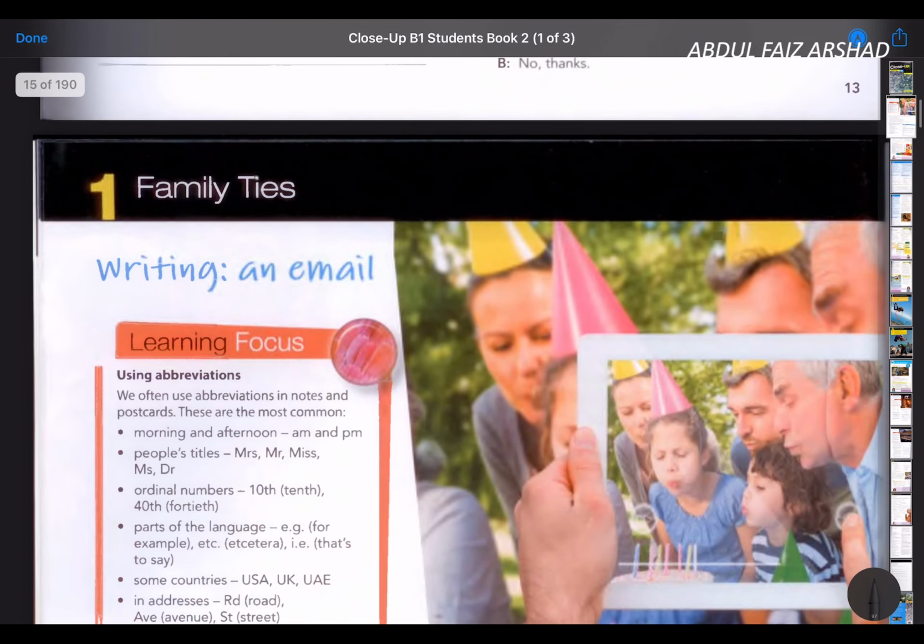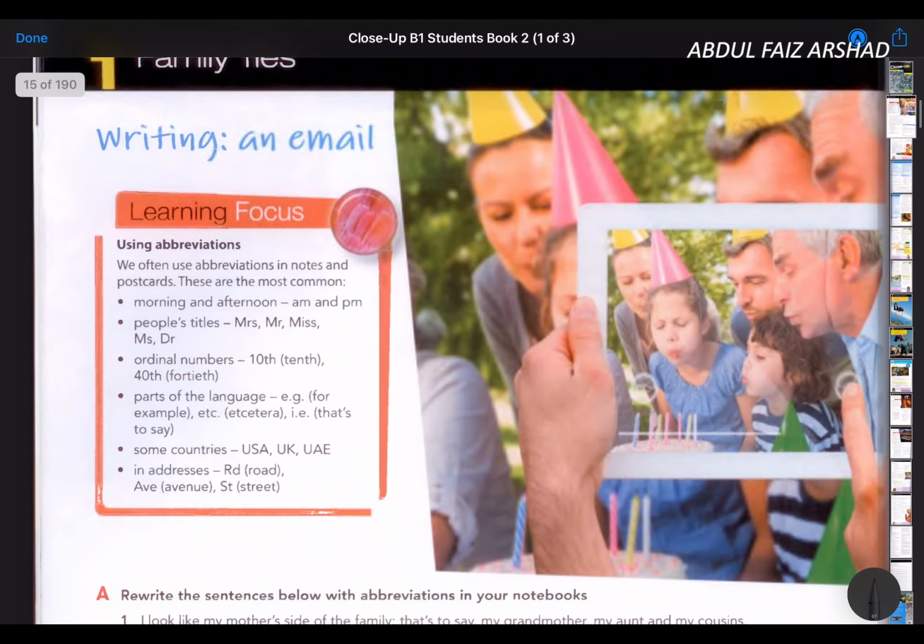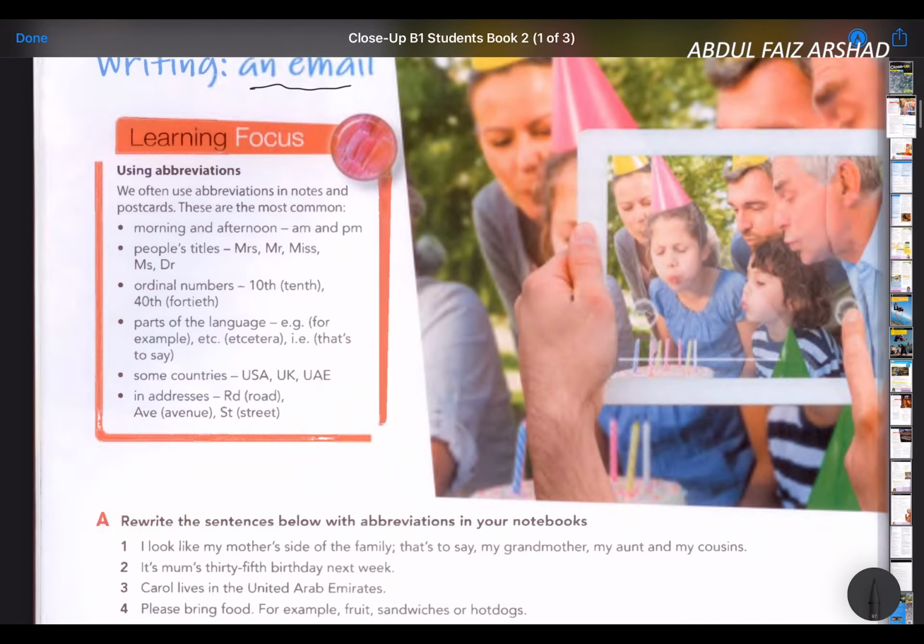Alright, moving on. This is another one that I want you guys to do, which is writing an email. Before that, I want to tell you a bit about abbreviation. Abbreviation is something where we shorten words. For example, morning we use AM, and afternoon we use PM. People's titles like Mrs., Mr., Miss, and Doctor. Ordinal numbers, when we have TH or ST or ND or RD.